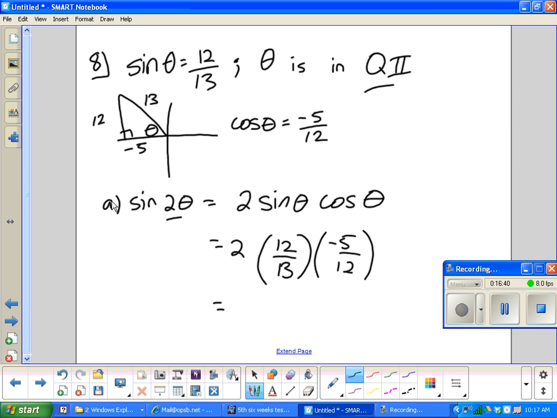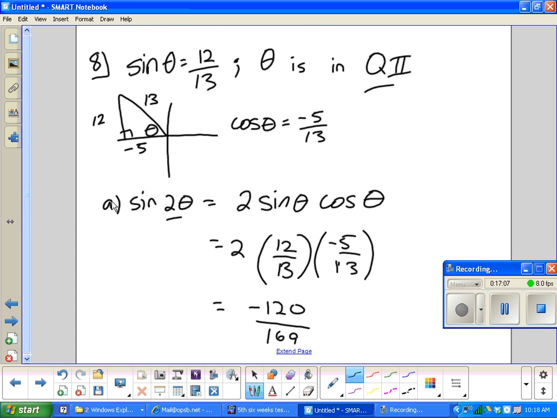Multiply the numerators: 2 times 12 times negative 5 would be negative 120. And then 13 times 13 gives me 169.